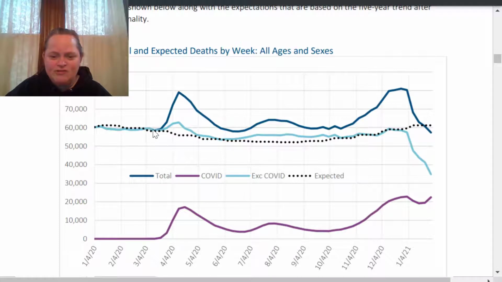Okay, so this dark blue is the whole deaths, and the purple are the COVID deaths that have been recorded. So this light blue is that excluding COVID deaths. And yes, again, that January 2021 is not credible in what's going on there. So what we see is in that first wave, there's a bunch of non-COVID, non-official COVID deaths.